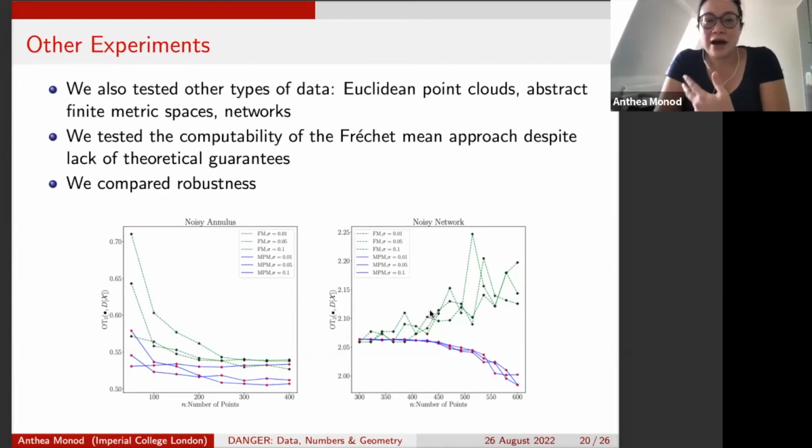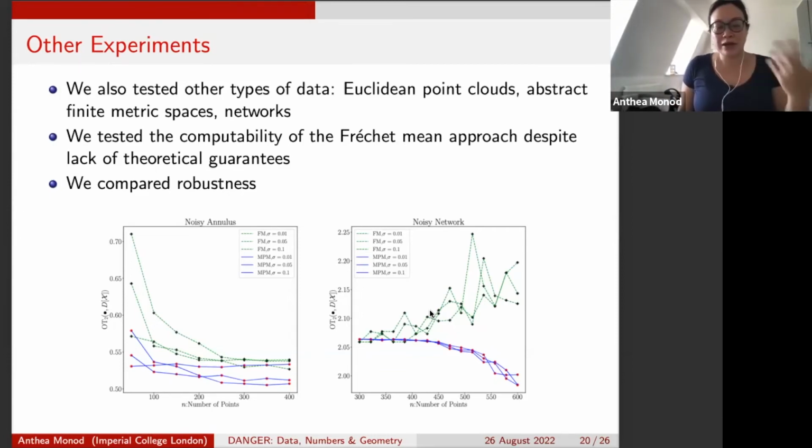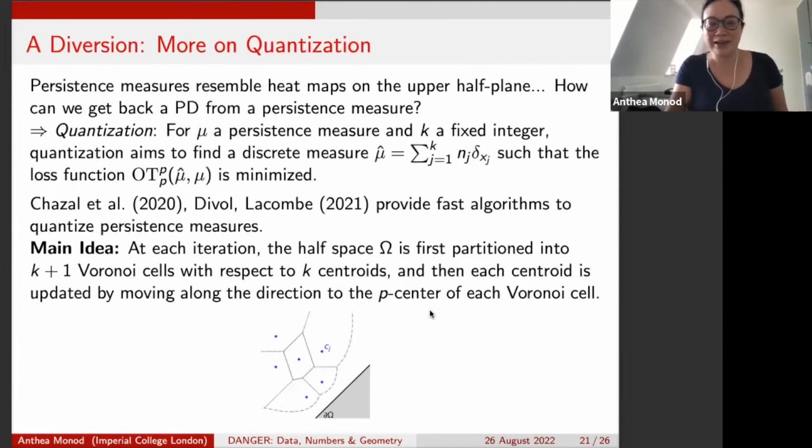It turns out that in terms of robustness and computability, on these other kinds of data sets where we could actually compute this, our approach also worked quite well. So you can also apply our approach if you have a large network, for example, that you'd like the persistence diagram for, and you can get something that works quite well, even though we can't give you any theoretical guarantees. So that was nice to see in practice, despite the lack of theoretical results.